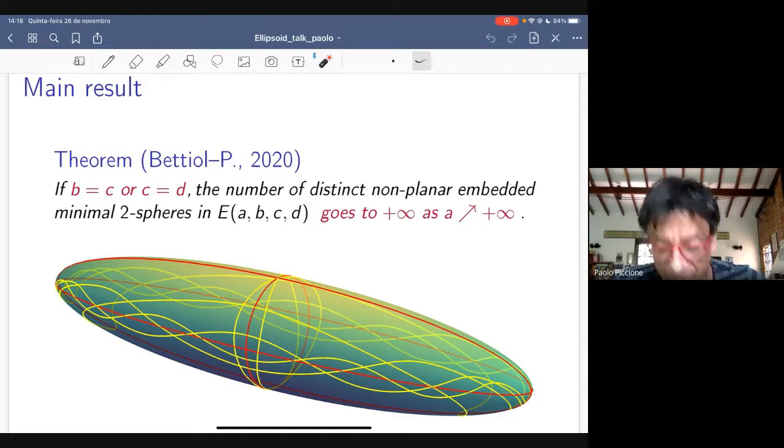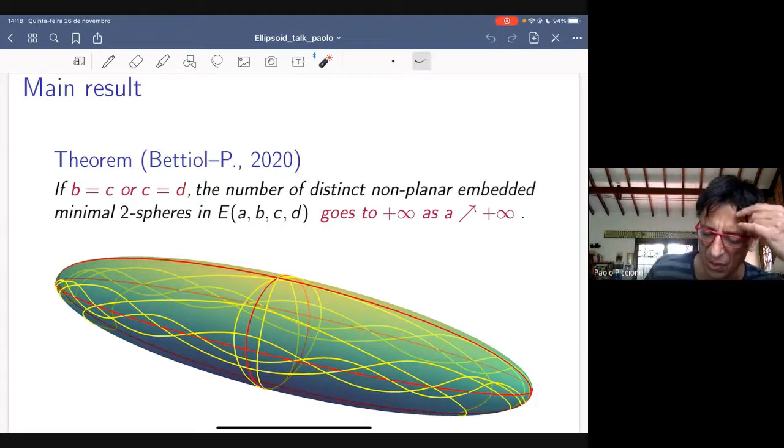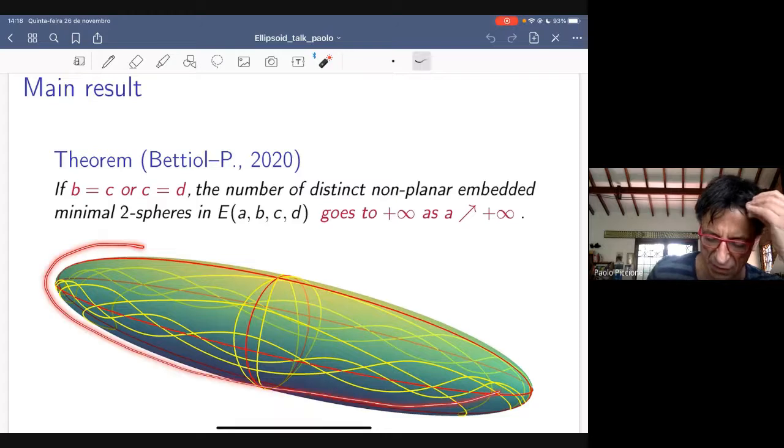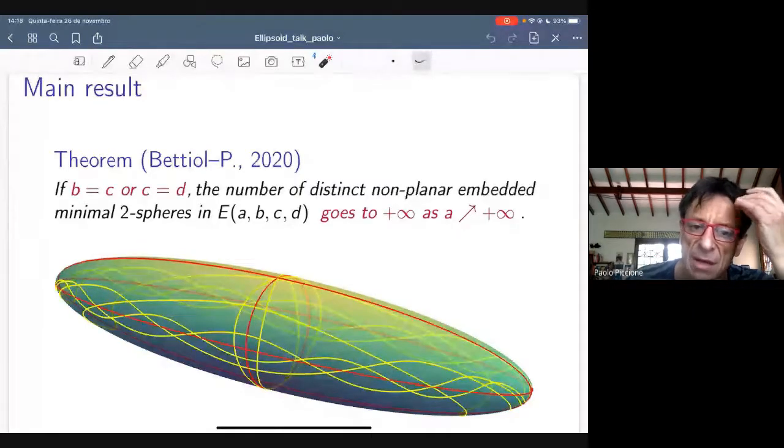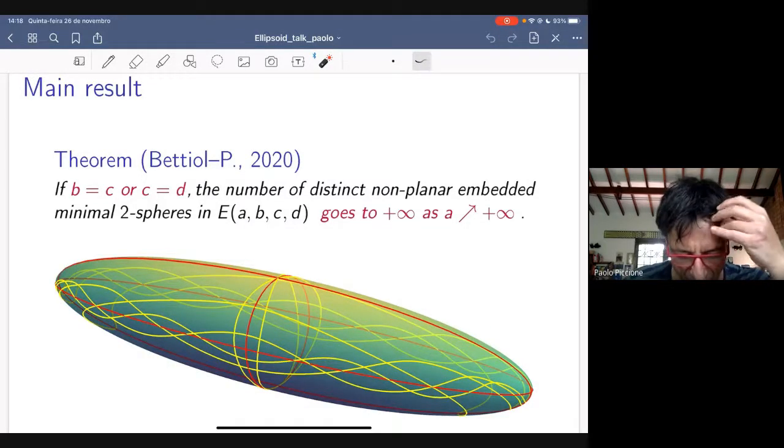Okay. So it's a rotationally invariant ellipsoid. And in this situation, we prove that as A goes to infinity, the number of non-planar minimal 2-spheres in the ellipsoid goes to infinity, in fact. There's not only one, but you can find an arbitrarily large number of them as A goes to infinity. Okay. So this is our result.